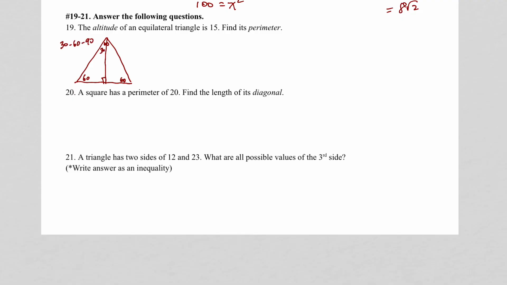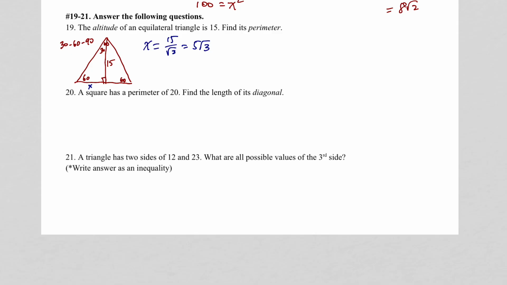And if this is 15, this here is 15 divided by root 3. So I'll call this x here, and x is going to be equal to 15 divided by root 3, which is 5 root 3. The shortcut is you just divide 15 by 3 and then add the root 3.